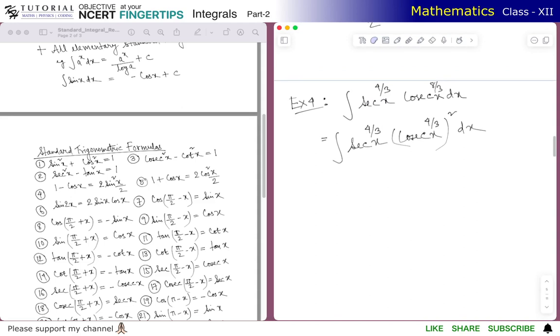Okay, now this thing, 4/3. This is integral of dx by cos x to the power 4/3 and sin x to the power 8/3.